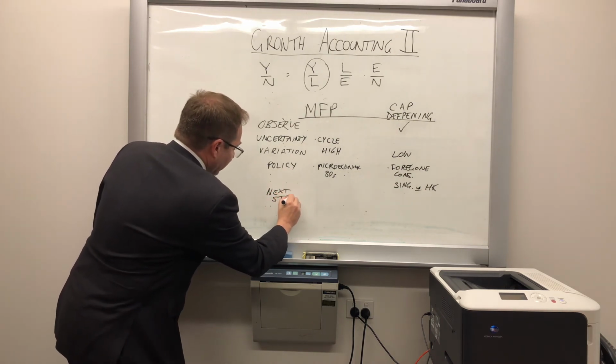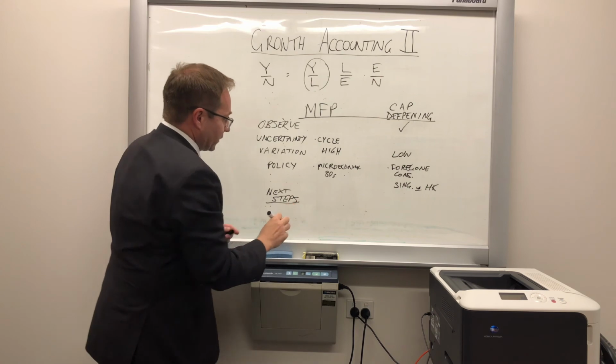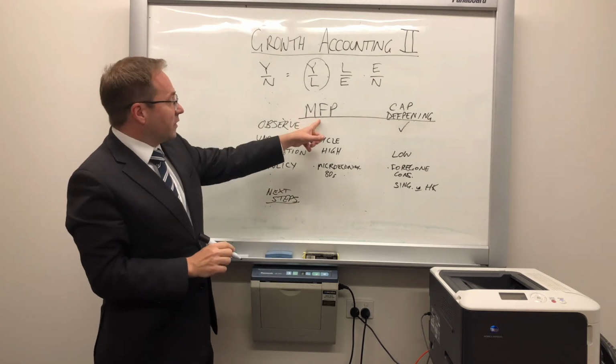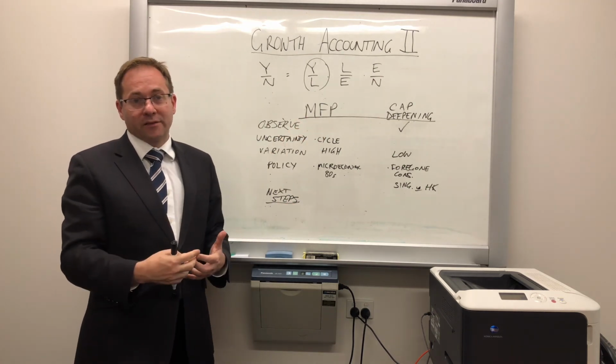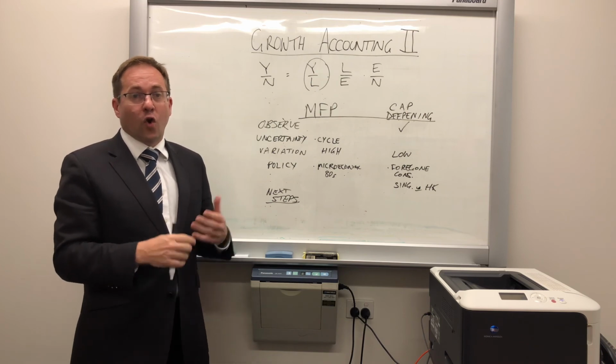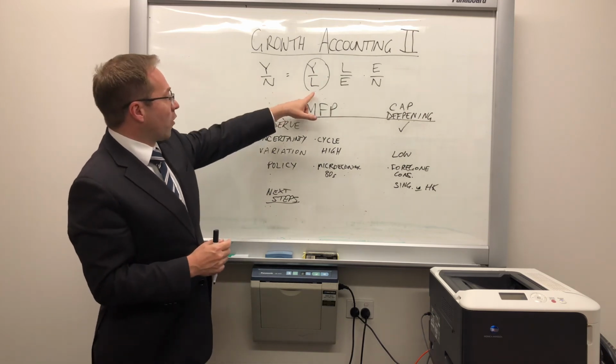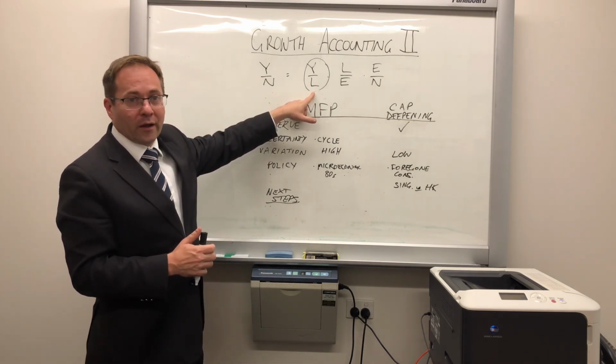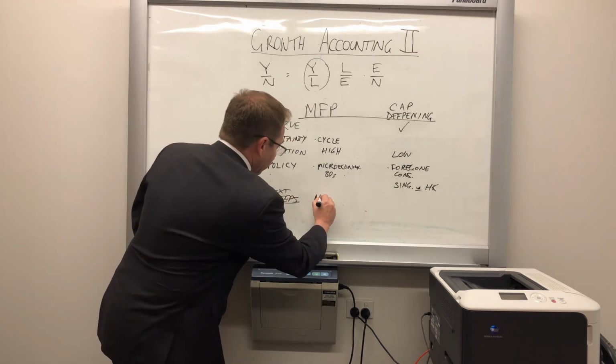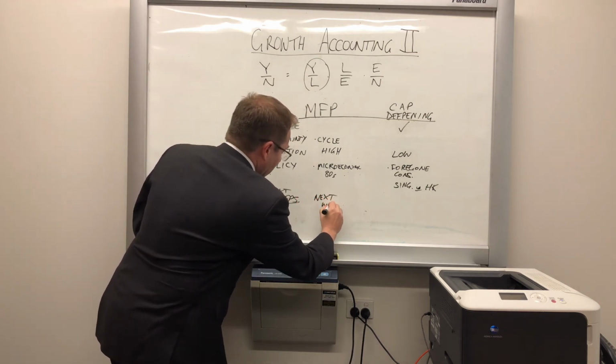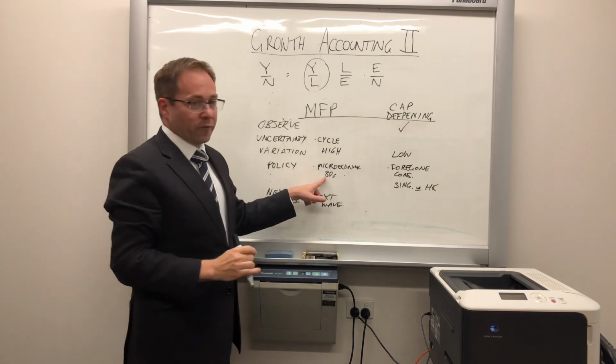So, to conclude this video, what are the next steps? Well, I would say that multi-factor productivity growth remains, for most macroeconomists, the core concern when it comes to growth in output per worker. So what is the next wave of microeconomic reform?